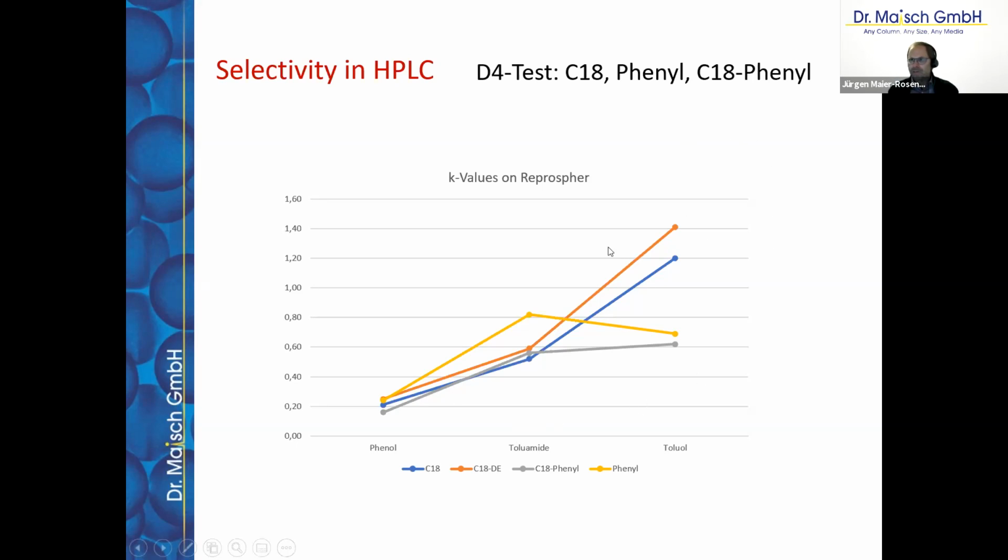We have a very big difference here in the toluene retention, and the C18s, as expected, have the highest retention. For the toluamide, we see an increase in retention due to more polar interactions on the stationary phase. For the phenol also we see additional polar interactions, which are leading to a higher k value on the more polar phases.